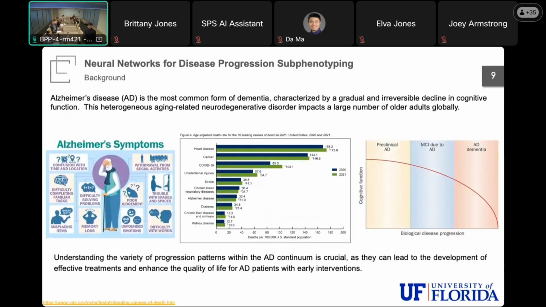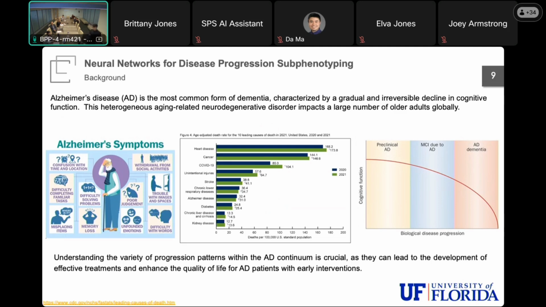Alzheimer's disease is the most common form of dementia, characterized by the irreversible decline in cognitive function. This heterogeneous age-related neurodegenerative disorder impacts a large number of patients over the world, and AD, Alzheimer's disease, is not a single condition but a spectrum, often referred to as the Alzheimer's disease continuum.